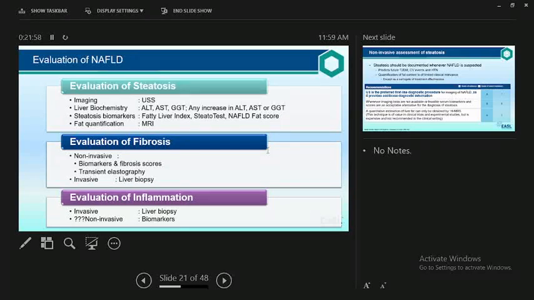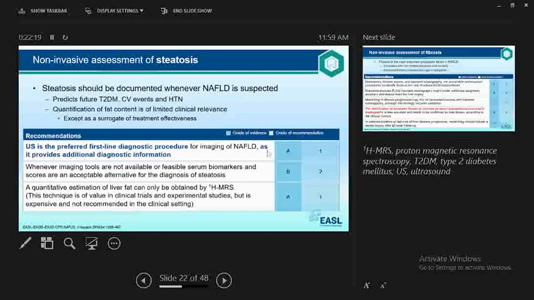And transient elastography is one of the most reliable non-invasive ways of detecting liver fibrosis. It is available in our country. However, liver biopsy remains the gold standard method of detecting fibrosis or inflammation.